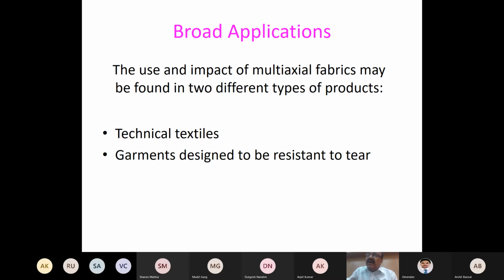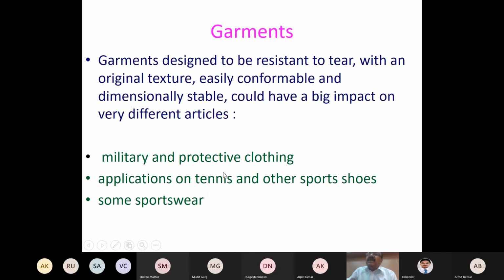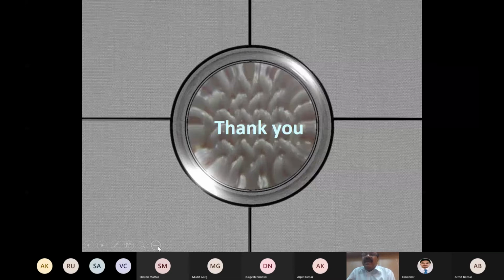We have already explained why it gives high tear strength, and wherever in any garment you need high tear strength, this fabric can be used, particularly in military protective clothing and in tennis and other sports shoes and some sportswear where there is a possibility of tearing. So this is all about the multi-axial fabric.